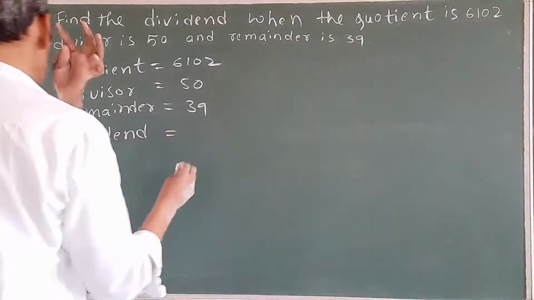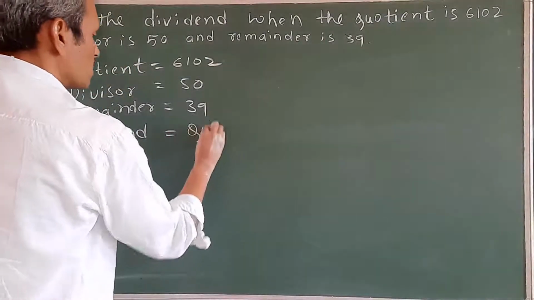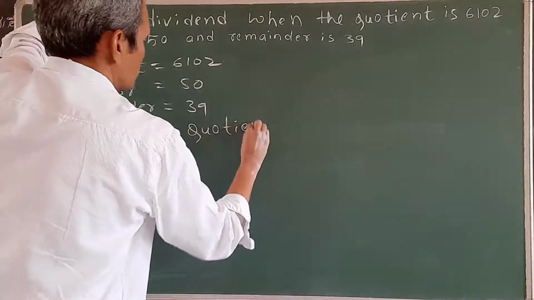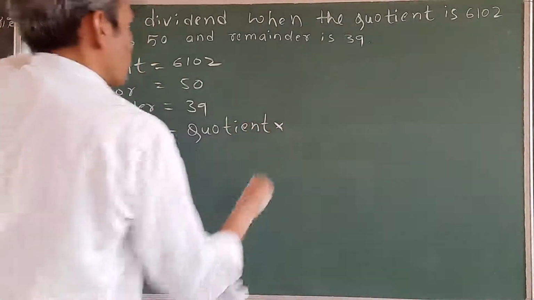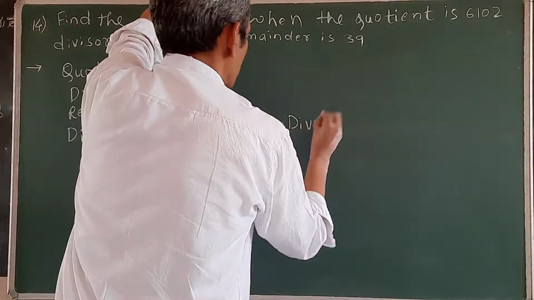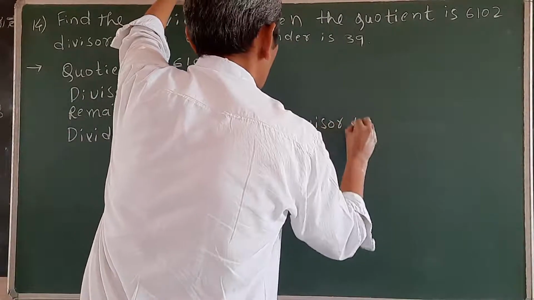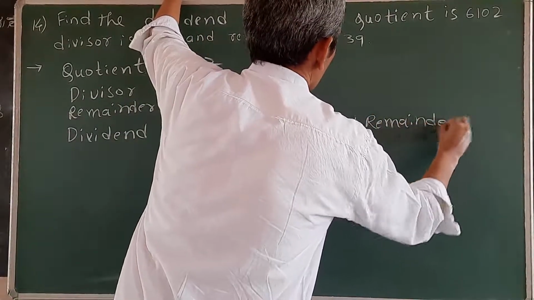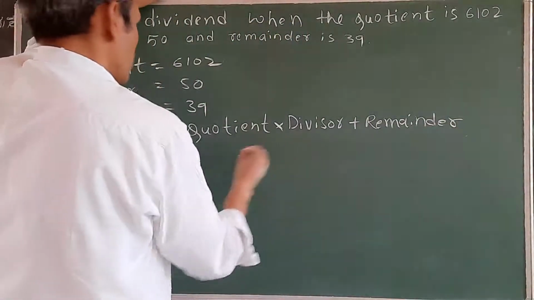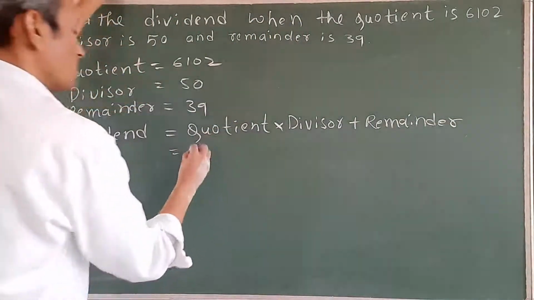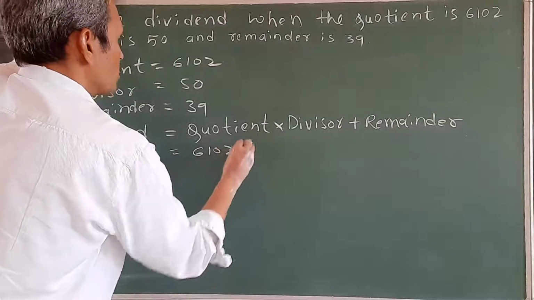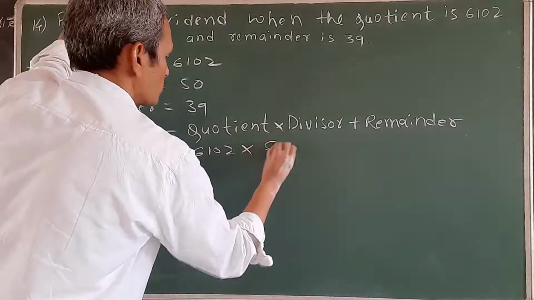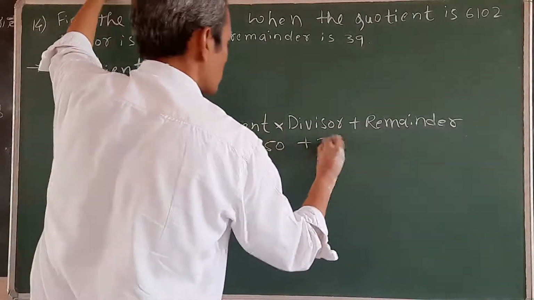Dividend is equal to, one formula is there, that is quotient into divisor plus remainder. So 6102 into 50 plus 39.